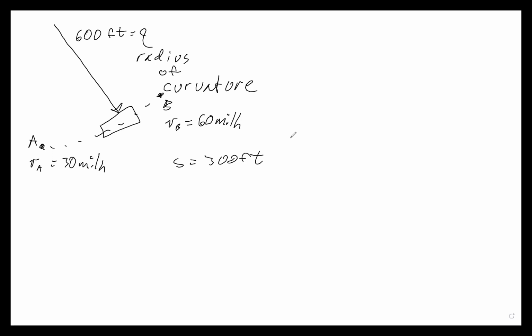They are saying that there is a location A, a location B, and somewhere in between is a location s. So we need to figure out what the speed will be at s if s is a curved distance of 300 feet away from A. And the car is going to accelerate smoothly to whatever speed it will be at location B.